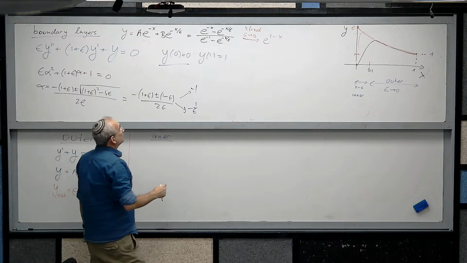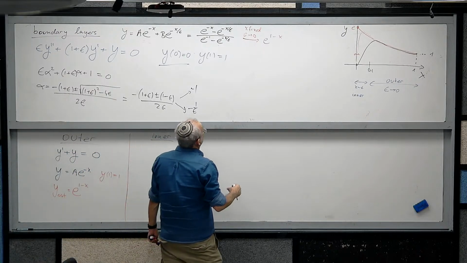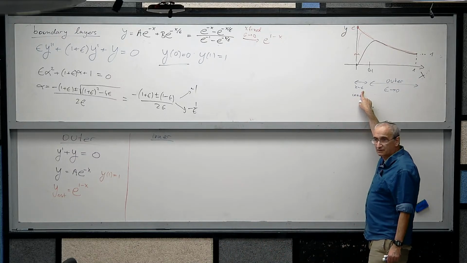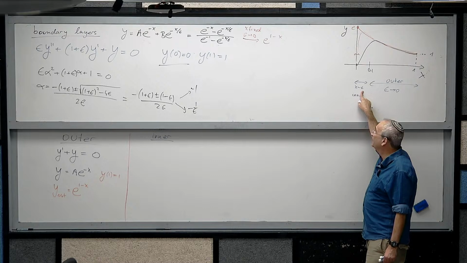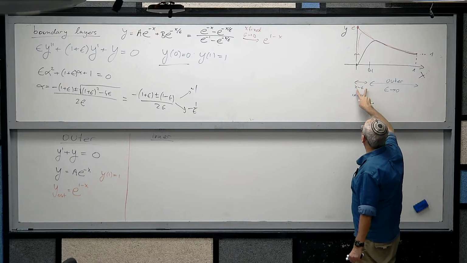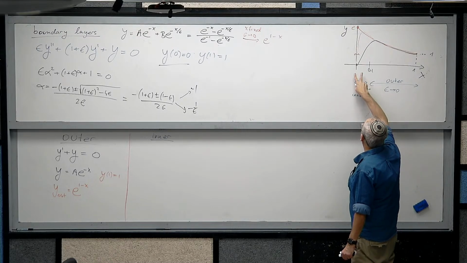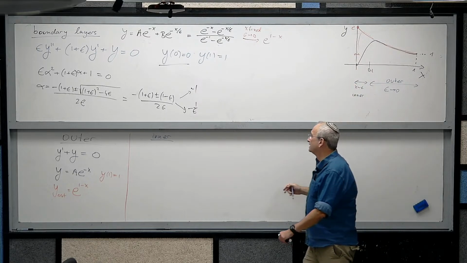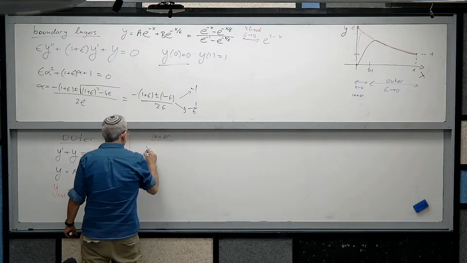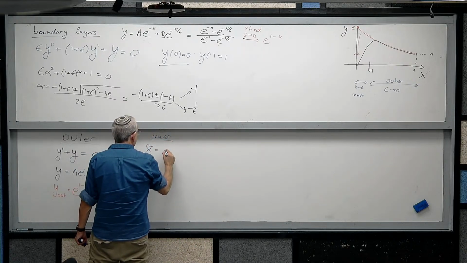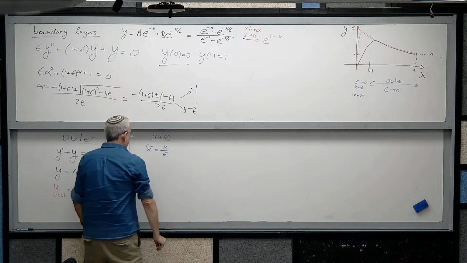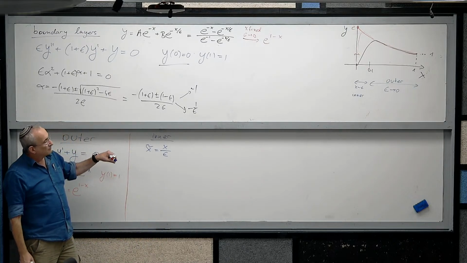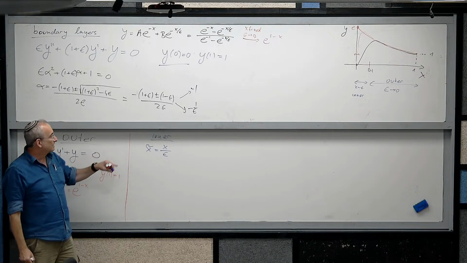Here, I know that at the boundary x is very small, x is of order epsilon. So I will define x tilde as x over epsilon. So when x goes to 0 like epsilon, x tilde is order 1.